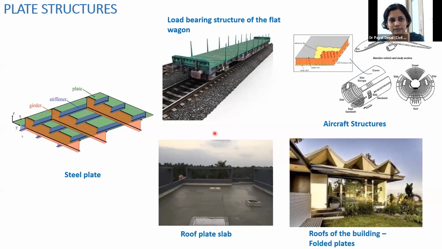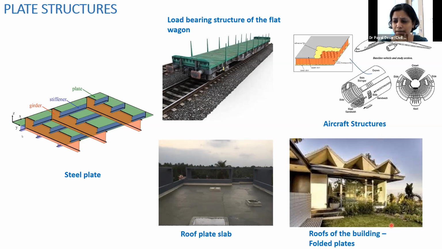So this picture and slide show the railway wagon, where the flat steel deck can be considered a plate because it has to be designed for load bearing purposes. Then you may see the aircraft, where just like in the ship, there are many components which comprise plates, and there they are using composite plates.